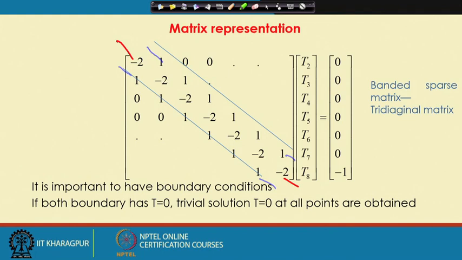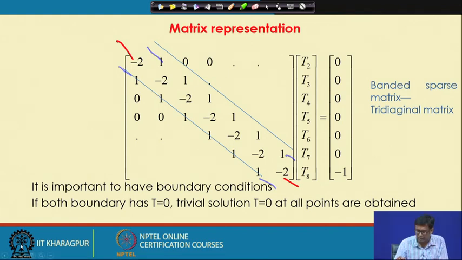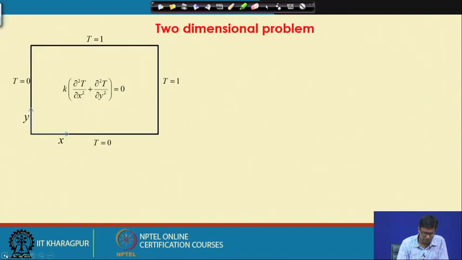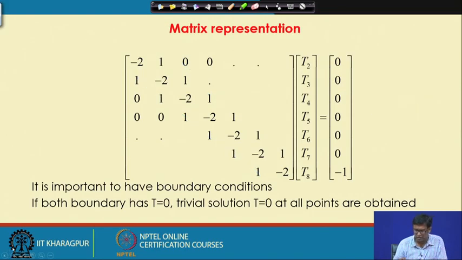Another thing which is important here is that we will have a solution of this matrix because we have substituted the boundary condition, that is why we can write it in a matrix form. And if the right hand side boundary T9 was not 1, it would have been 0, and the entire set of equations would have given me a trivial solution T = 0.